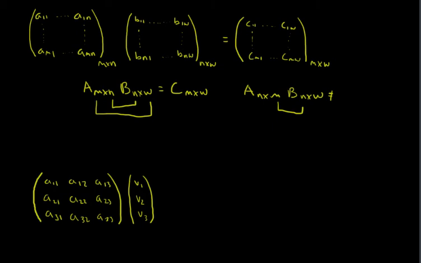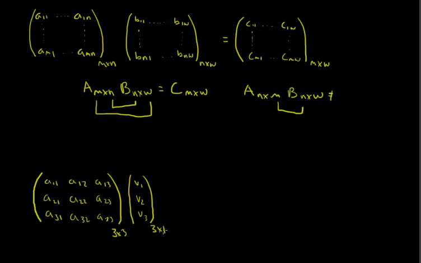Okay, so I just drew this matrix multiplied by a vector. If you look at the dimension of matrix A here, there are 3 rows and 3 columns, so it's a 3 by 3 matrix. If you look at this vector right here, there are 3 rows and 1 column, so it's a 3 by 1 matrix.